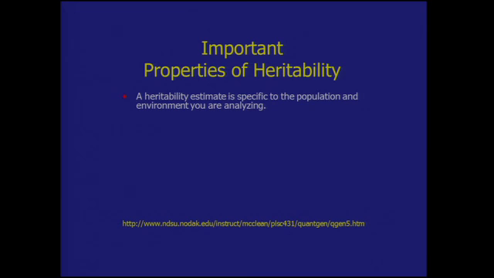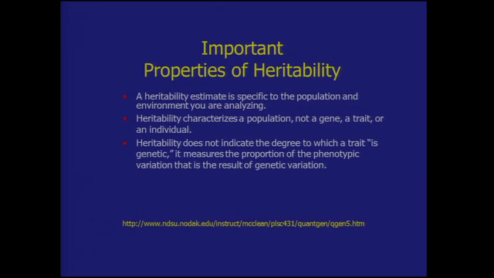So here are some important properties of heritability. It's a property of a population, and it's specific to the environment of that population at that time. It's not a property of a gene, a trait, or an individual. It does not indicate the extent to which genes are involved in creating the trait.